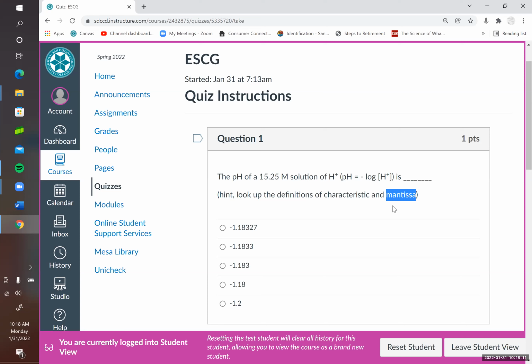So what does that mean? Well, if you look it up, it means that the characteristic is the thing that's to the left of the decimal point, in this case, the -1, and the mantissa is the value after the decimal point, in this case, 18327. And when you look this up, it also should say something about the propagation of significant figures after taking the log.